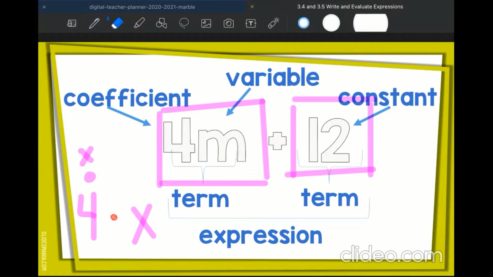But anyways, that wasn't even what part of the lesson was about. So the coefficient is the number attached to the variable, and the variable is your letter. Now, bonus question, does anyone know what operation is happening between the 4 and the M?